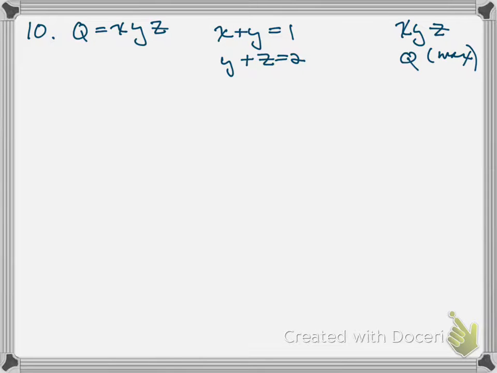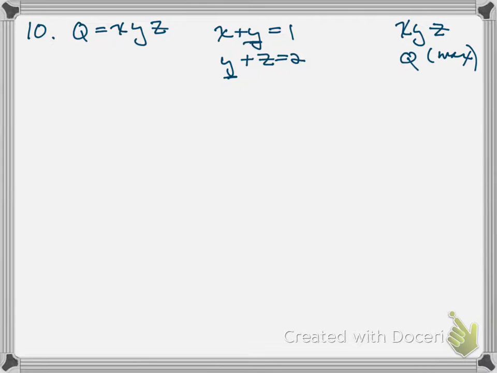Okay, so things that I noticed. Do you see how y is in both of these expressions? So that tells me that my best thing is to write x in terms of y and z in terms of y, because remember, I can only have one variable in the equation that I'm going to take a derivative of.